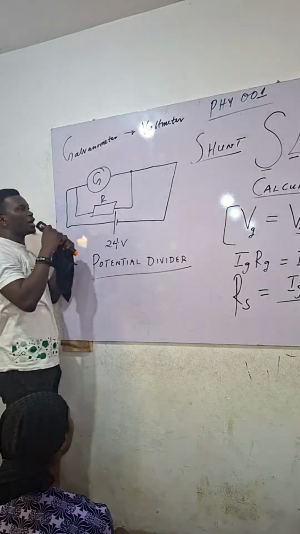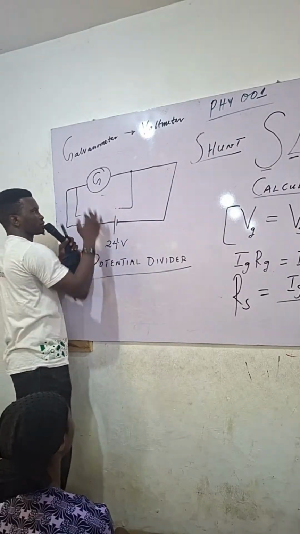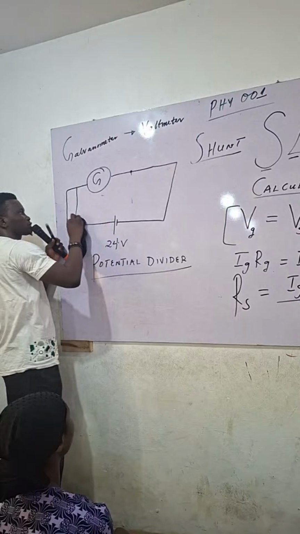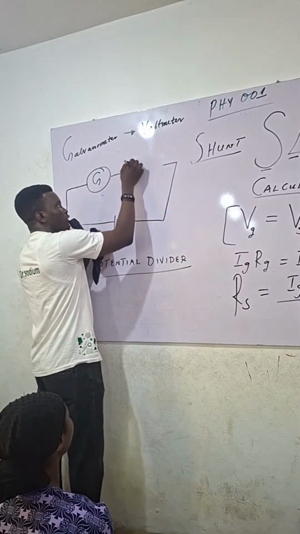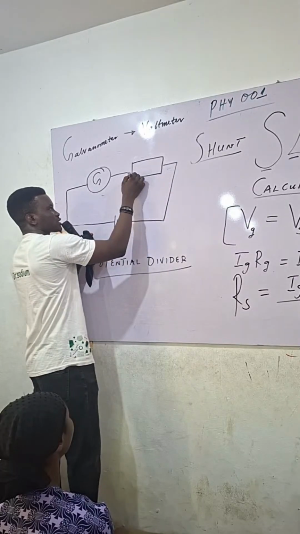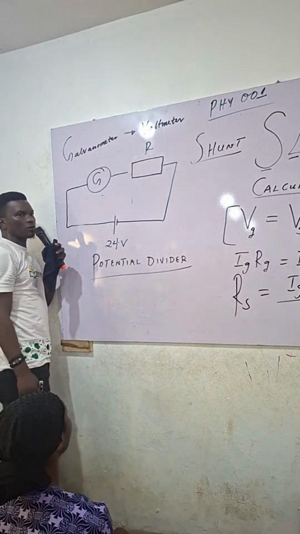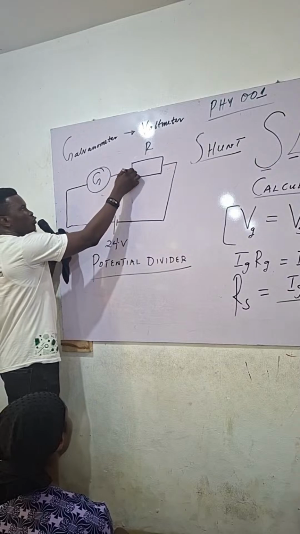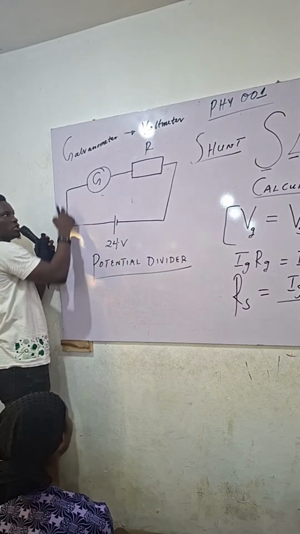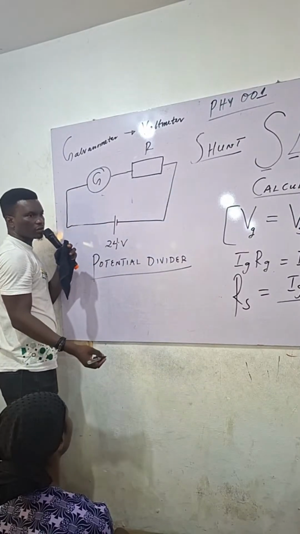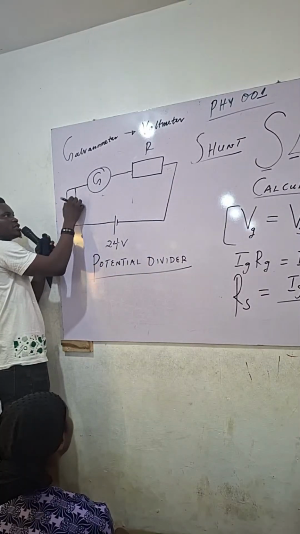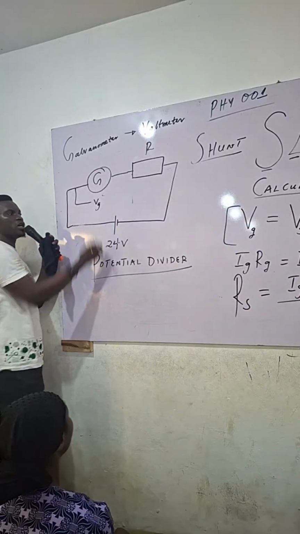But if I connect it in series, then the potential will be divided. So if I connect them like this, there will be work done here, and there will also be work done across this guy. So the potential across this guy, I can measure it.